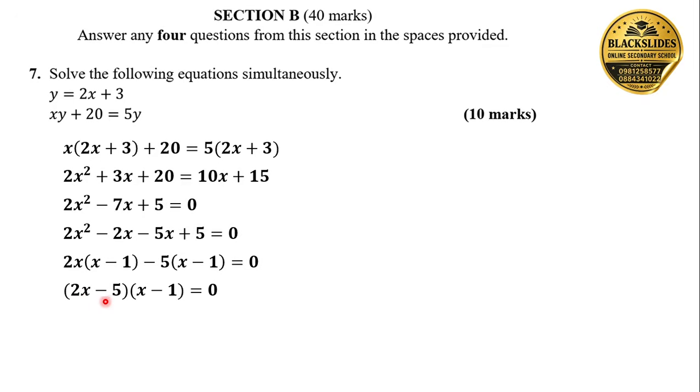And so for x, the first bracket will give us x equals 2.5, and the second one will give us x equals 1. Simultaneous equations. So if you add all these steps together, you must get 10 marks.